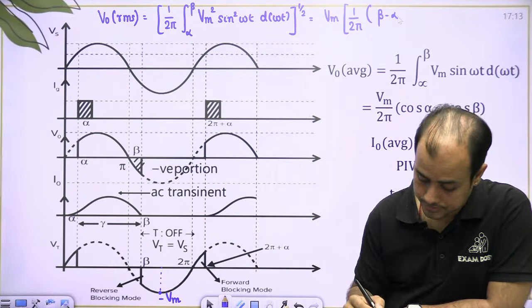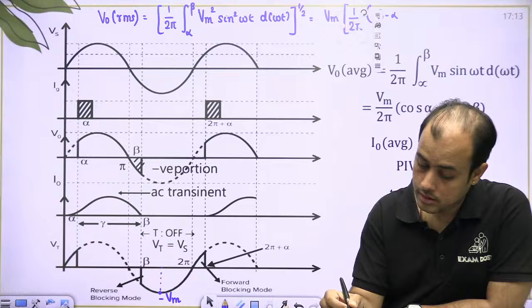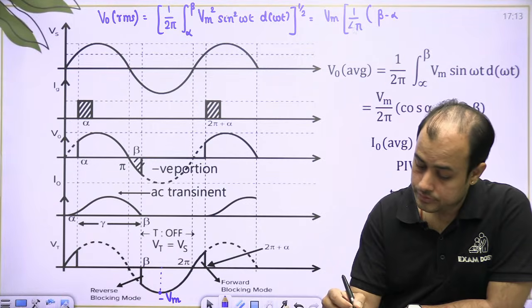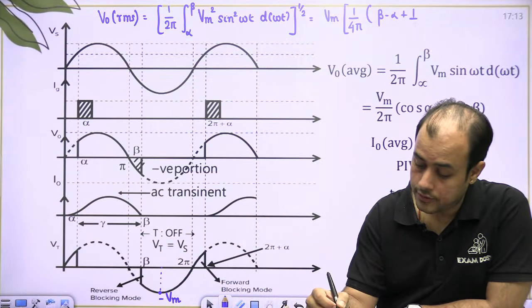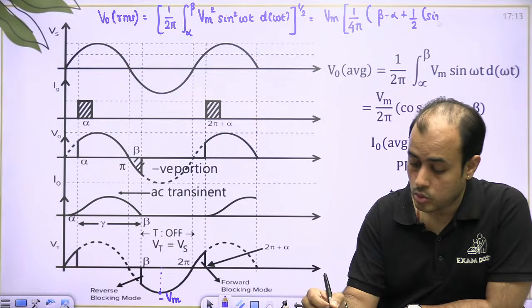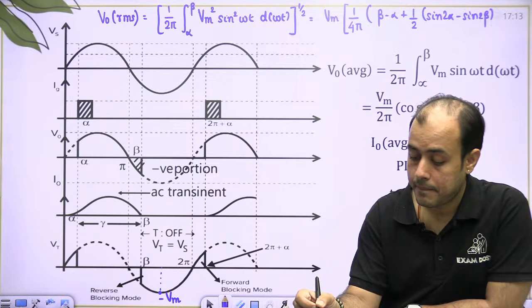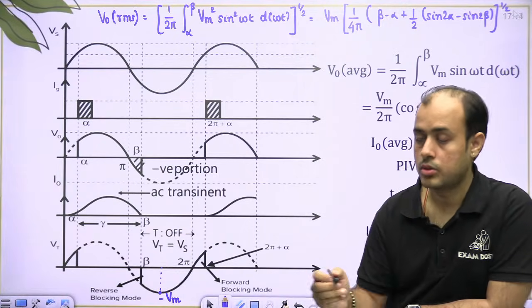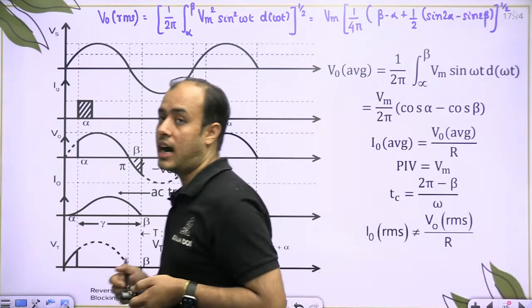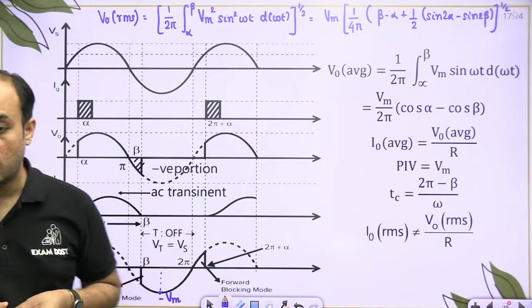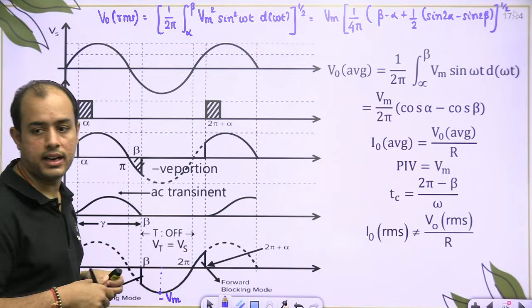Beta minus alpha plus half sine 2 alpha minus sine 2 beta. So that is your RMS, but I naught RMS is not equal to V naught RMS by R.